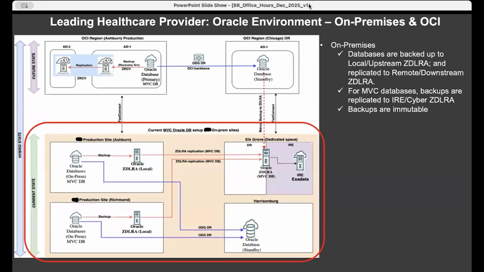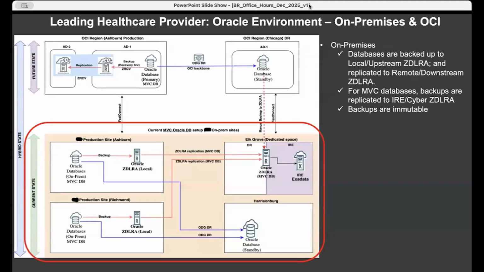What we have done is implement immutable backups across all our ZDLRAs, and we have a retention policy of 30 days. So we will be able to go back in time up to 30 days in the past. We do a lot of testing also.